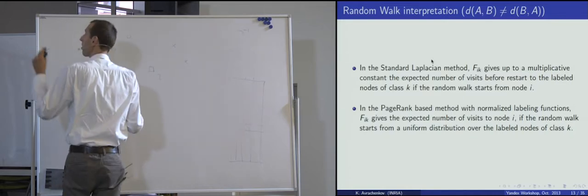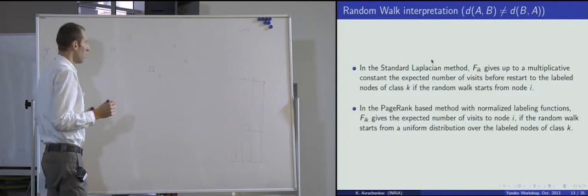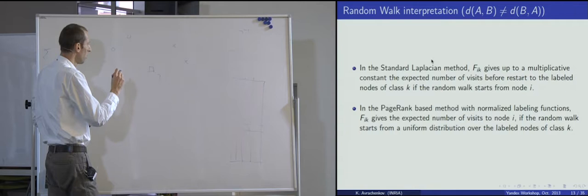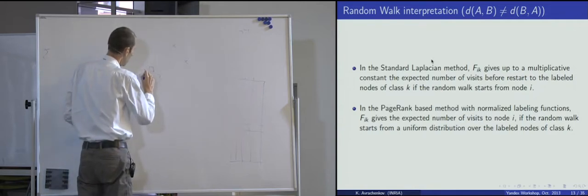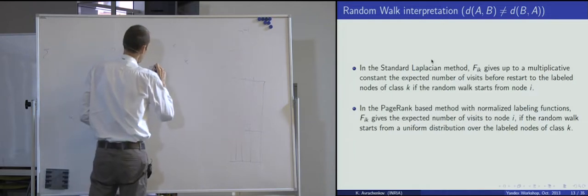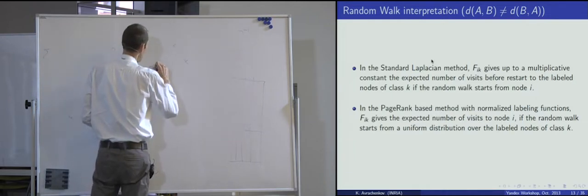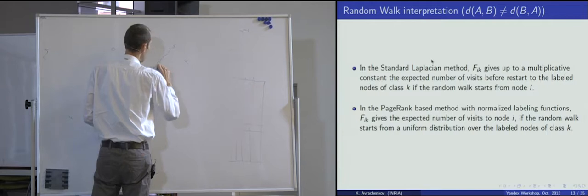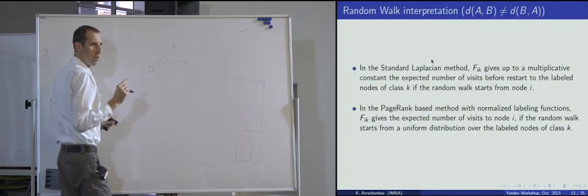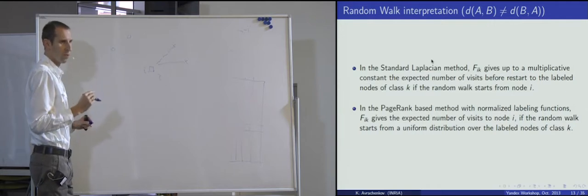So what does standard Laplacian do? We run a random walk on the similarity graph from node I, and we see how many times such a random walk visits one of the labeled points before absorption.